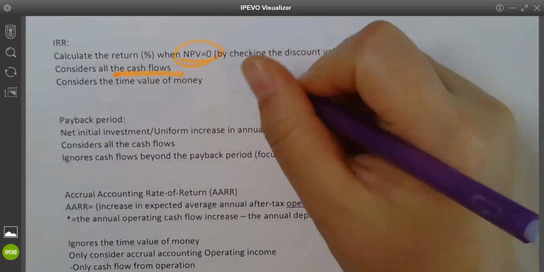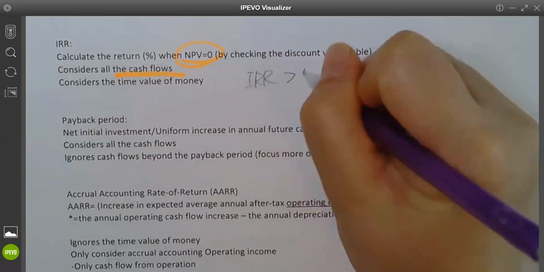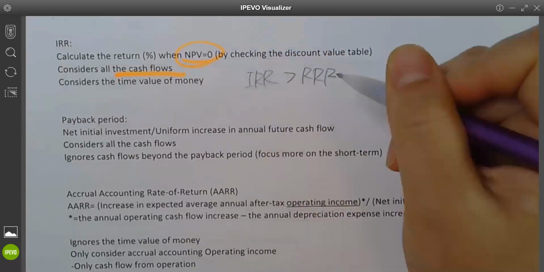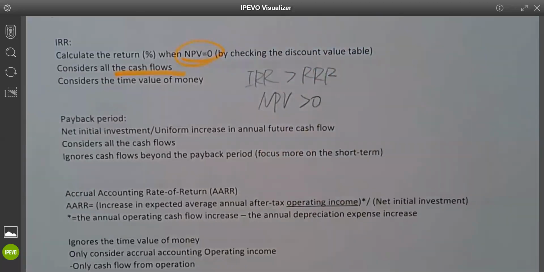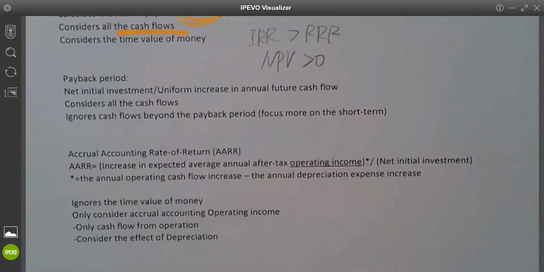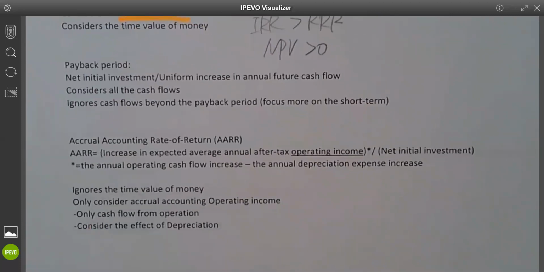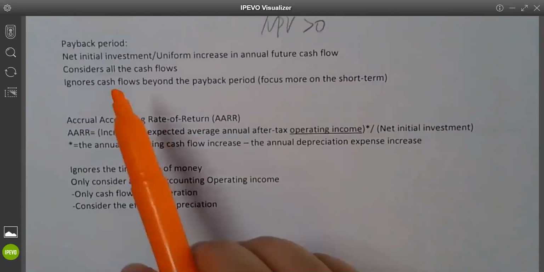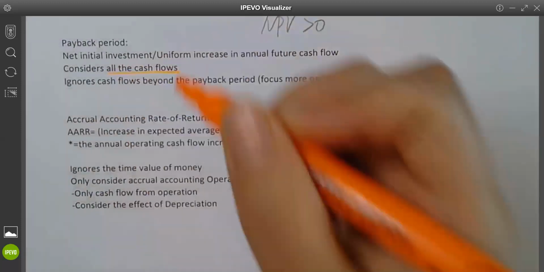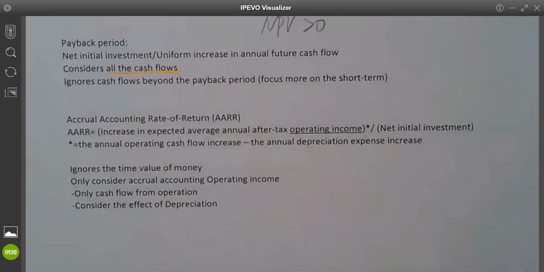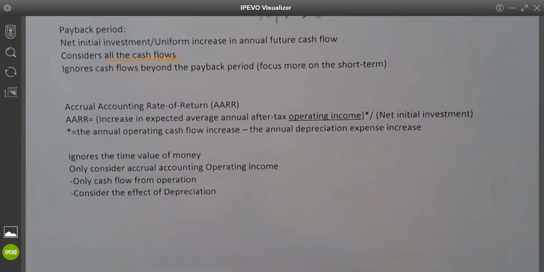We also compare IRR with the RRR. When IRR is larger than RRR, that means your NPV is positive. Those two are cousins. Payback method, we talk about whether it's uniform or non-uniform, and how we do the discounted payback method, and it's all the cash flow.